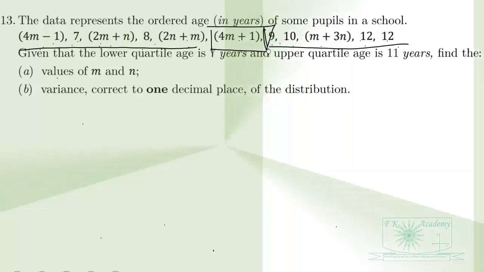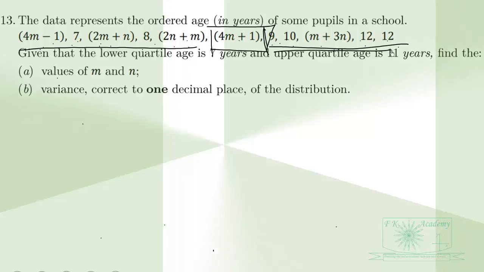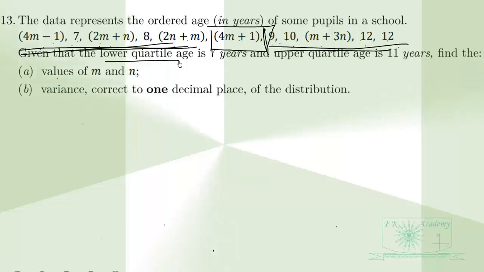So the lower quartile is the median of the lower data set here. The median divides the data set into two halves, the upper half, which is this one, and the lower half, which is this one. The median of the lower half is what we call the lower quartile.